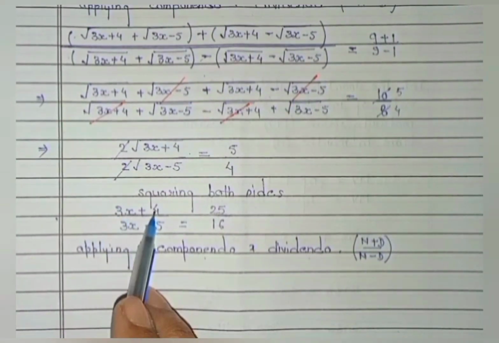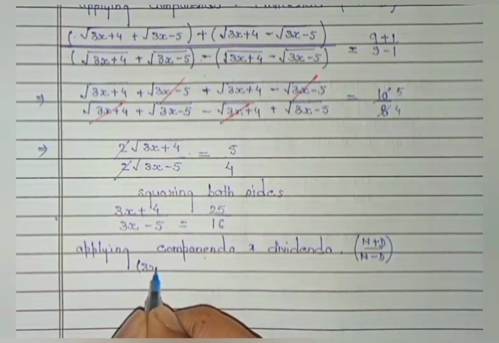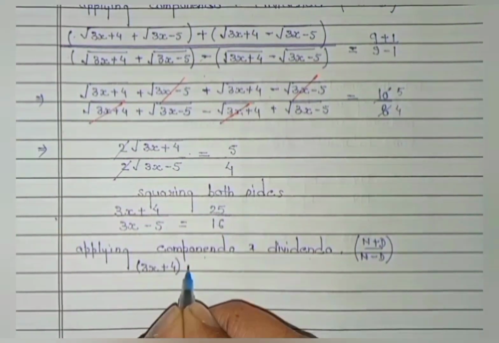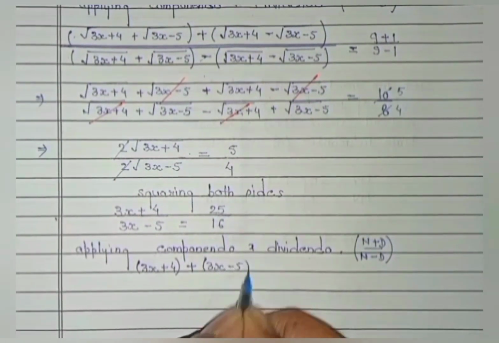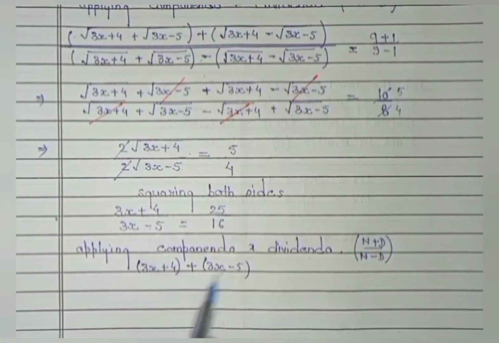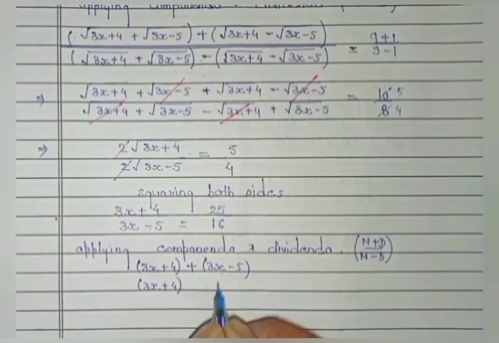So on the left side, this is numerator, this is denominator, so you have to write numerator plus the denominator. See, 3x minus 5 is the denominator. Next you have to write numerator and then minus the denominator.